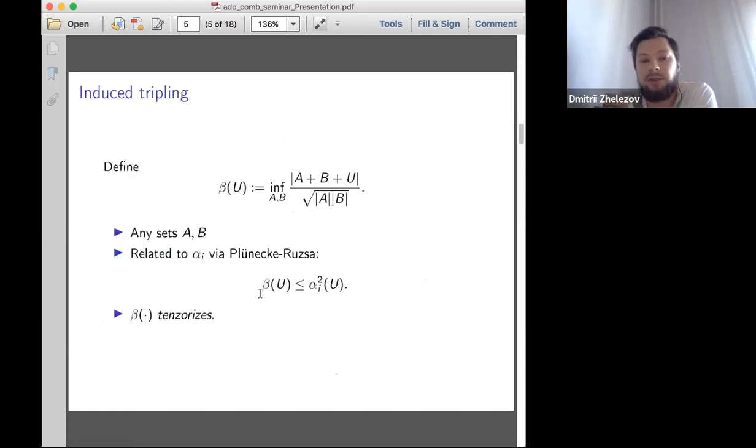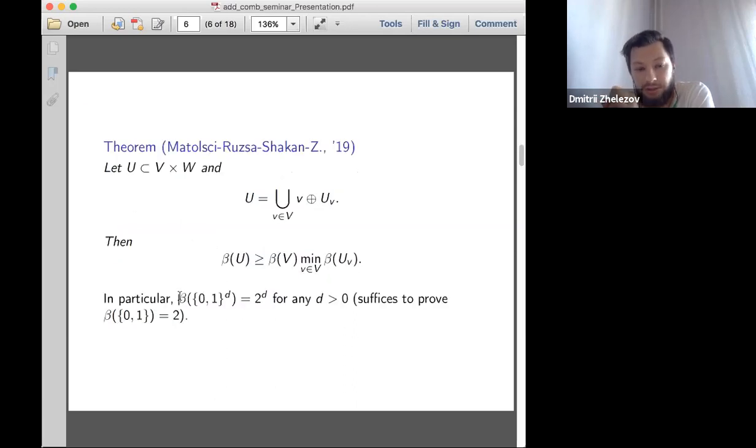Because certainly if you take, say, A and B as singleton sets, then beta would be at least as small as U. So here, this is the largest that one can get. And how would you prove that a hypercube has this maximal beta?